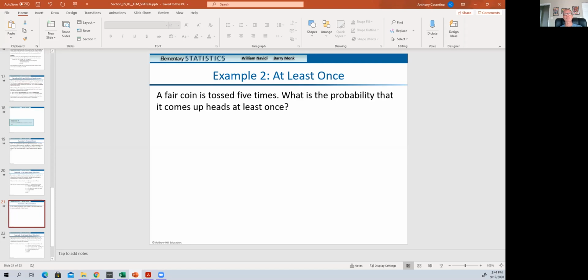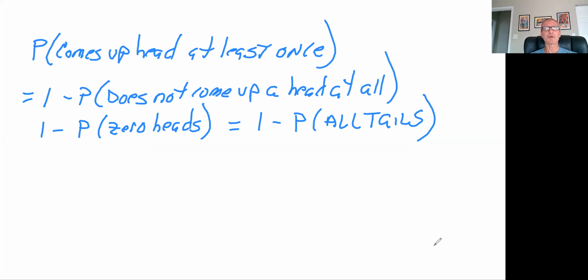And so if you think about how this is set up, the probability that it comes up heads at least once is the same as 1 minus the probability that it does not come up heads at all, which would be 0 heads. If you look at the book, they use a lot of these words. Another way to think about it is the probability of it all being tails, right? 0 heads means the probability of them all being tails. And again, they're independent events.